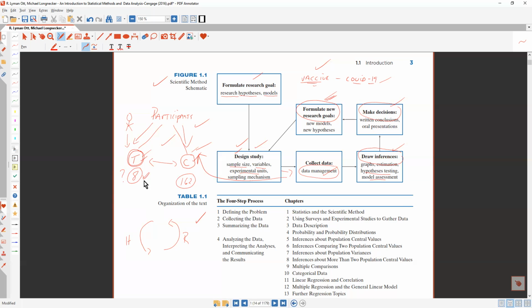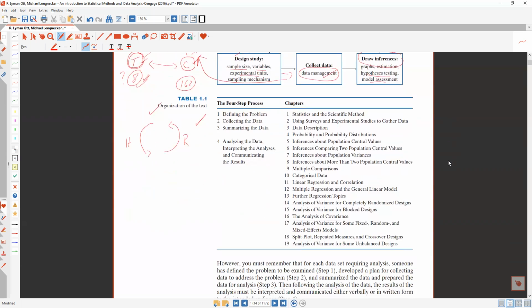What was it about these 8? They got the vaccine, but they still got COVID-19. So what was it about them that may have promoted them still getting COVID-19? They were not protected by the vaccine. And that becomes a really good new research question. And from there, you're going to design a new study. So that's that circular idea of the feedback loop to conducting research.